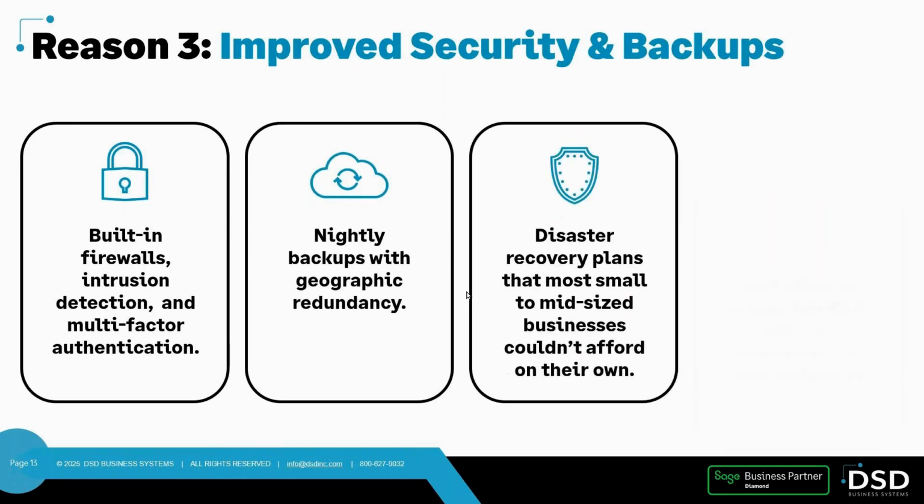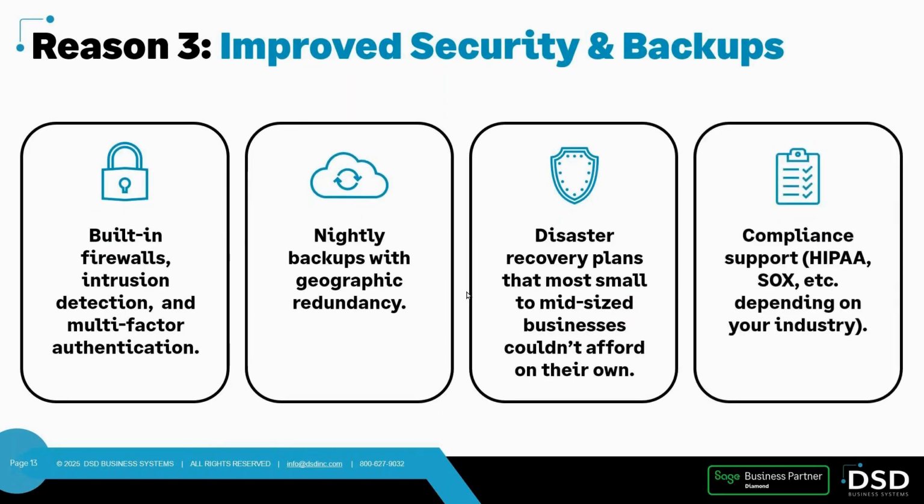So, reason number 3, improve security and backups. This is one of the biggest areas I think that are problems with on-prem systems. Your server, if it crashes, do you have your backup running? The other thing is in terms of malware, things getting into your systems.